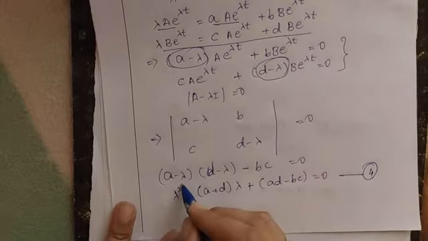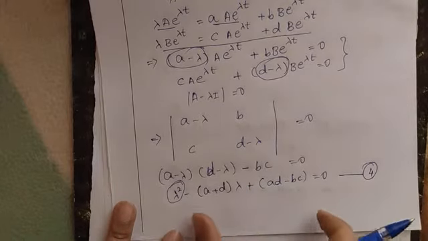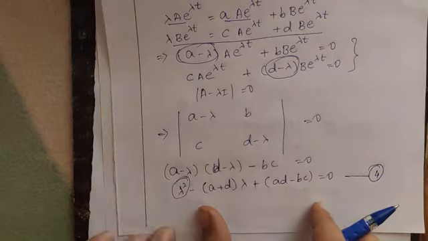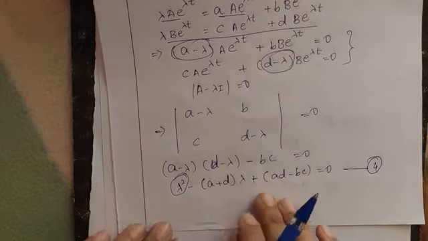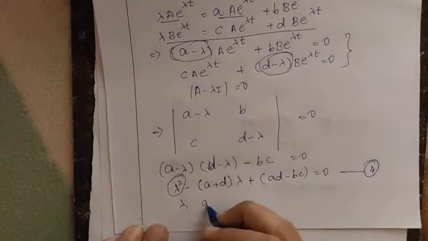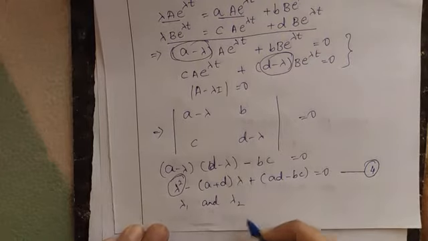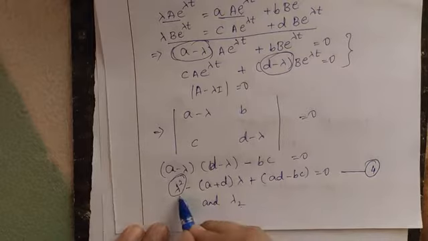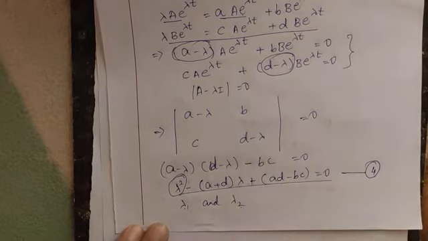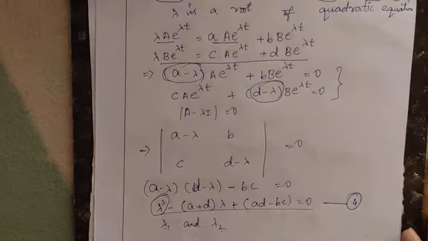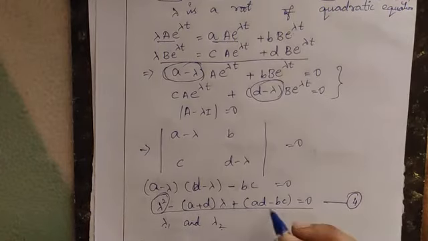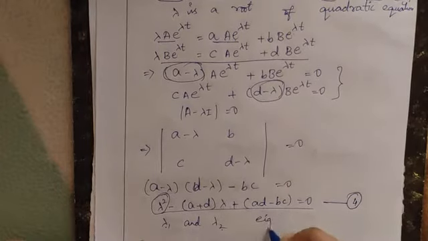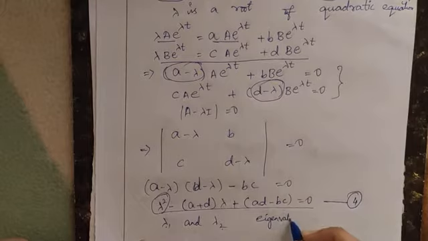So now since it is a second order quadratic equation, you will get two eigenvalues, say lambda 1 and lambda 2. That is, lambda 1 and lambda 2 are roots of this equation number 4. Those roots are nothing but your eigenvalues, isn't it?